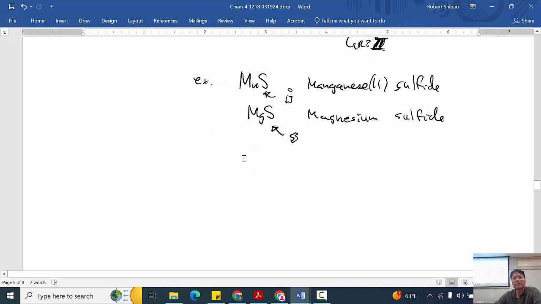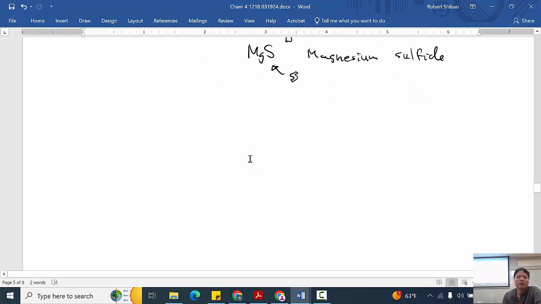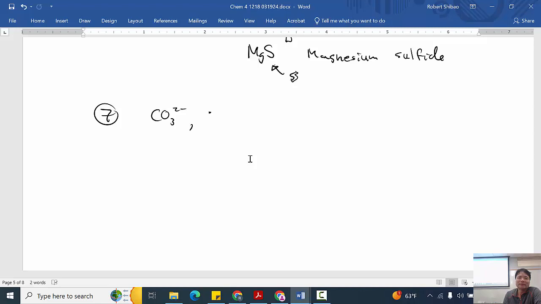Okay, so those are some examples of sulfides. And then the last rule we have is for carbonates. What's the formula for carbonate? CO3, 2 minus. Chromate, charge.